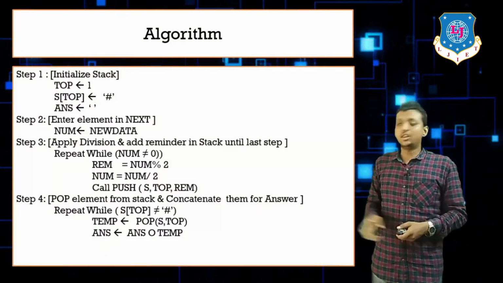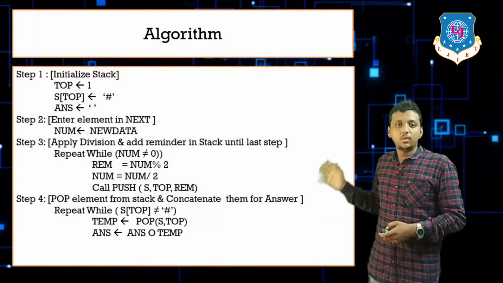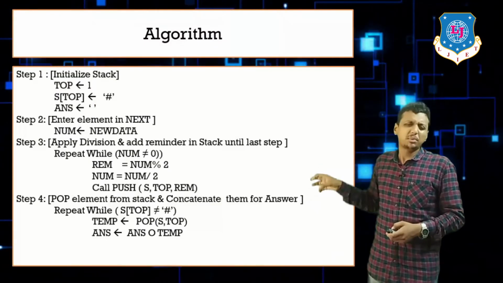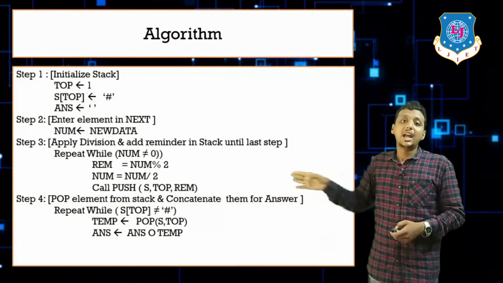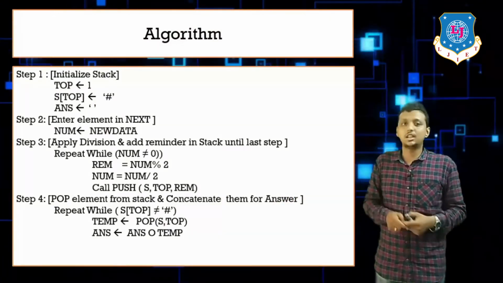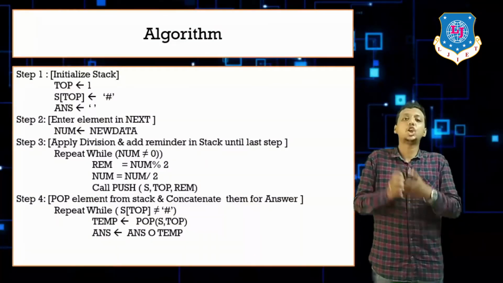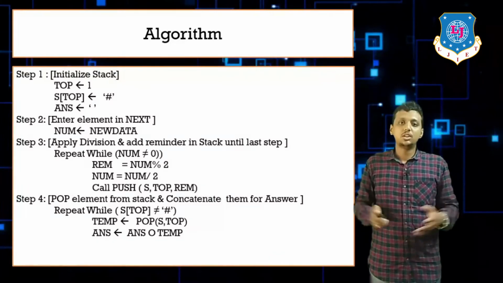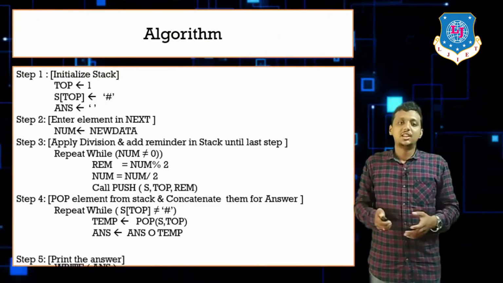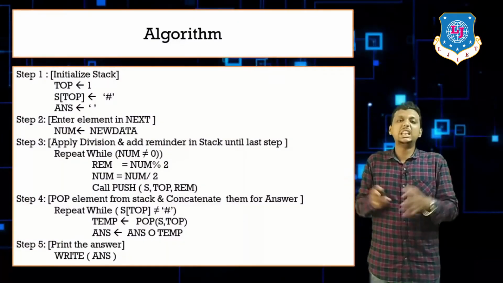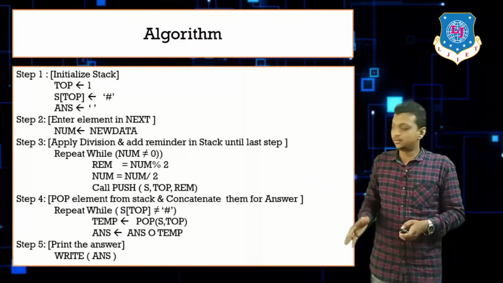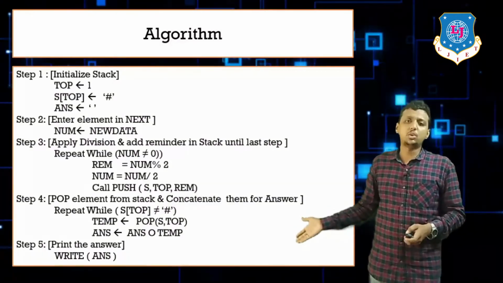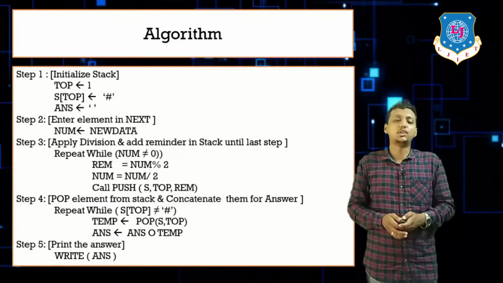Now temp arrow pop s comma top: whatever element I popped out from the stack is stored inside the temp and then appended with the answer. So answer is equal to answer concat temp. Okay, so that's it, students. This is all about the decimal to binary conversion algorithm. Now you just need to write down the answer and you will get whatever you want.